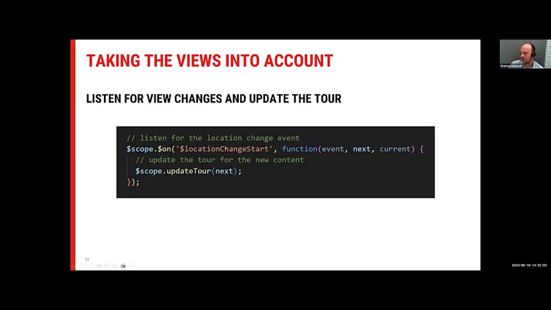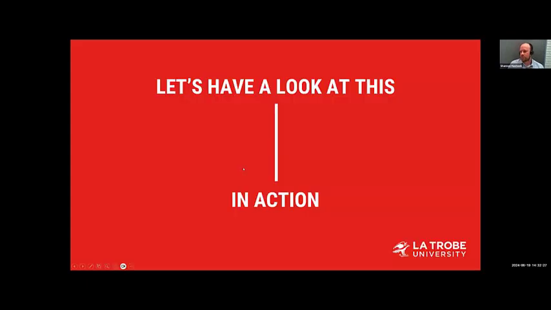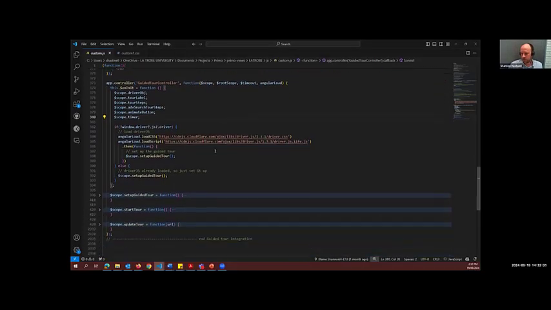So when this event fires, it calls our function, we get the event object, we get the current URL, but we also get the next URL. So that's for the view that it's going to. So that when this happens, we then update the tour based on the next URL, so the next view.